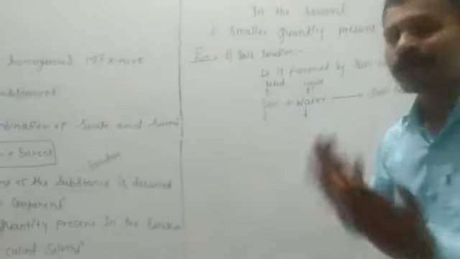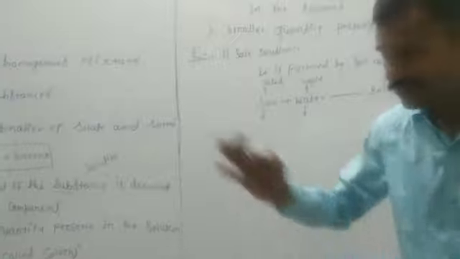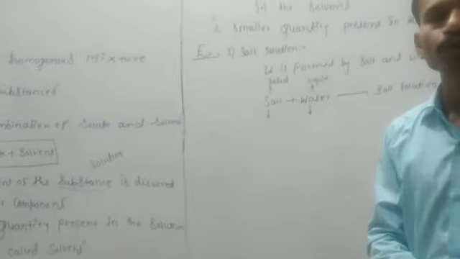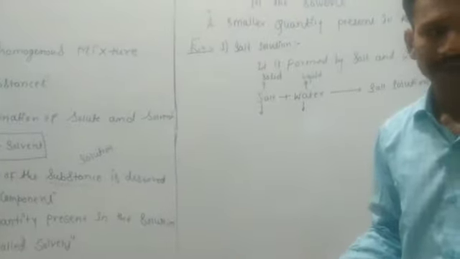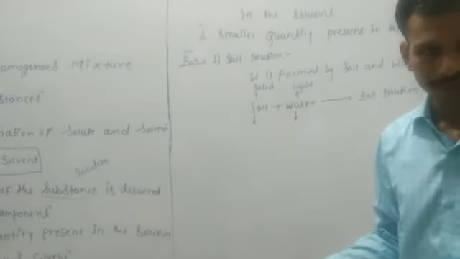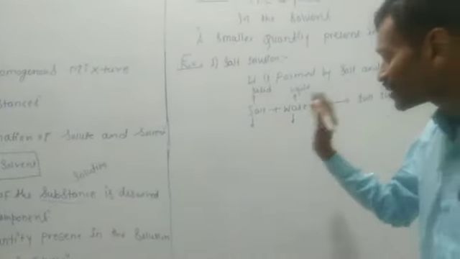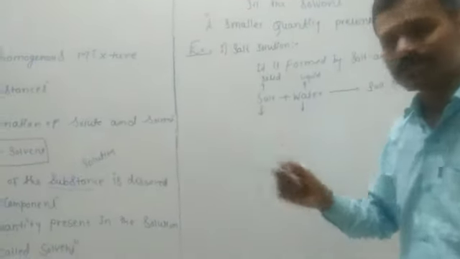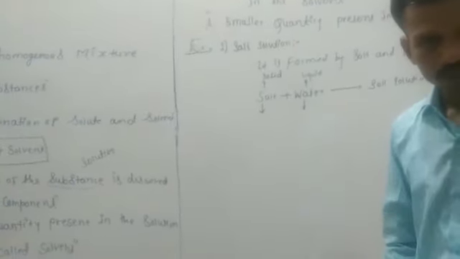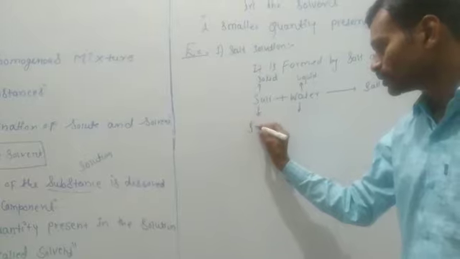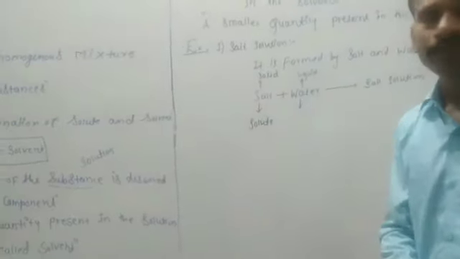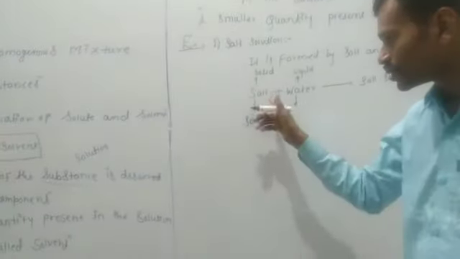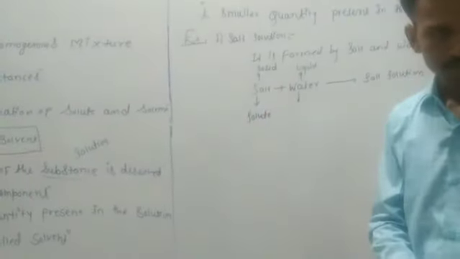As per the definition of solute and solvent, the smaller quantity is called the solute and the larger quantity is called the solvent. Salt is the smaller quantity present in this solution, so the solute is the salt.